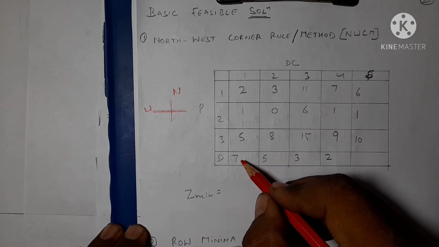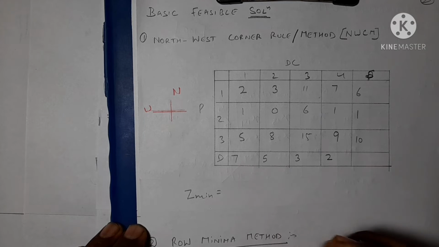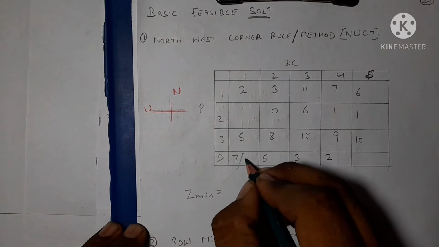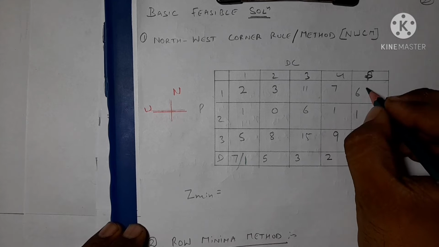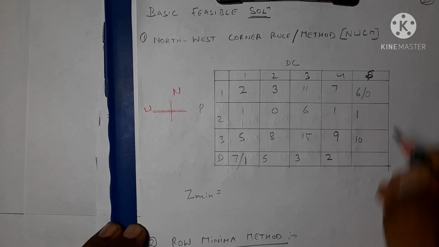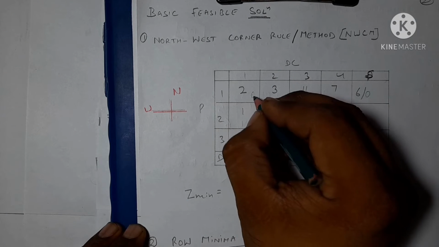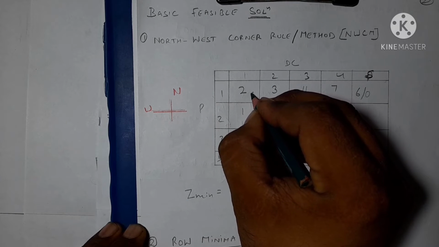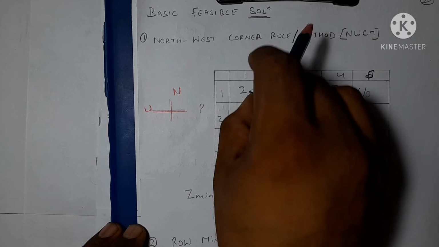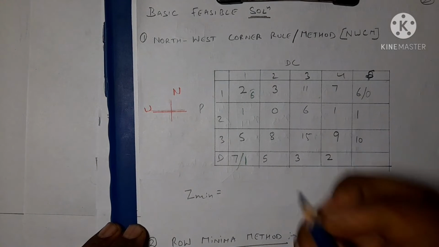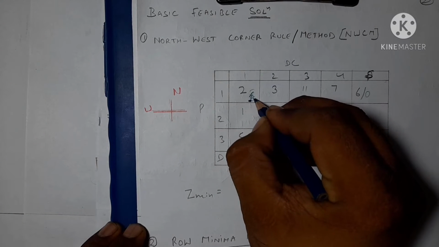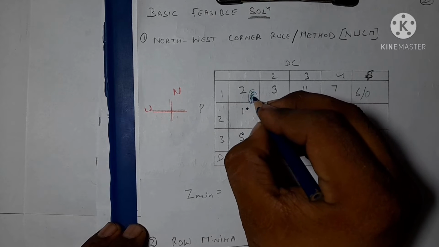Demand will be pending over there as quantity 1. From here we finalize its demand and we are taking 6 as the value.